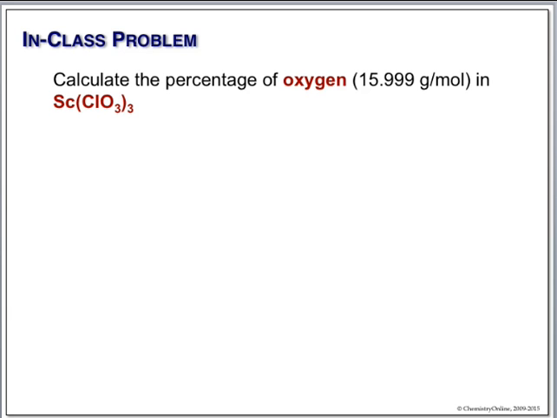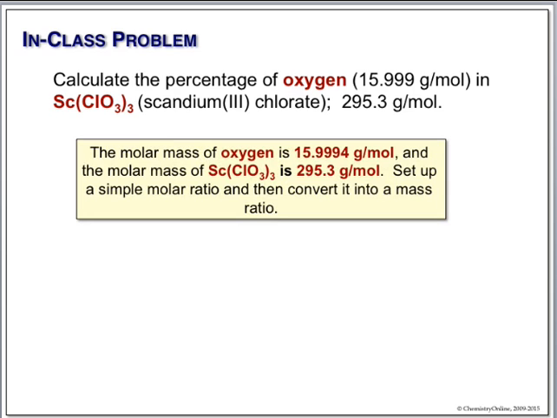We would go to our periodic table, find out that scandium chlorate has a molar mass of 295. Did that just by adding it up. On an exam, I would probably give you all these numbers, so you don't even have to add. Molar mass of oxygen is 16. Molar mass of scandium chlorate is 295.